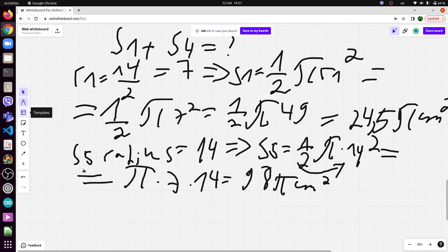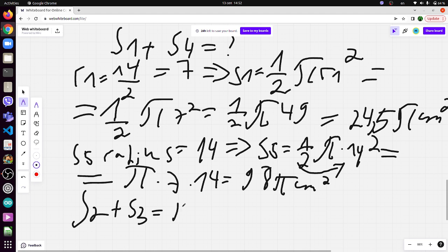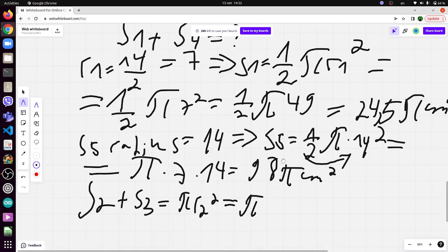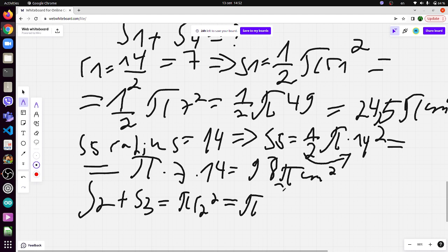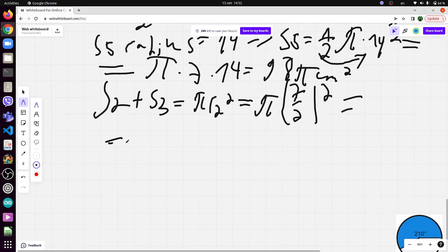So S2 plus S3 is pi R2 squared, and R2 is 7 divided by 2, so it's pi times 7 over 2 squared, which is 49 over 4 pi centimeter square.